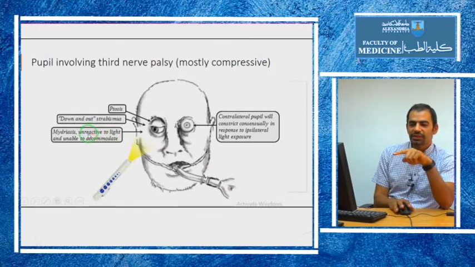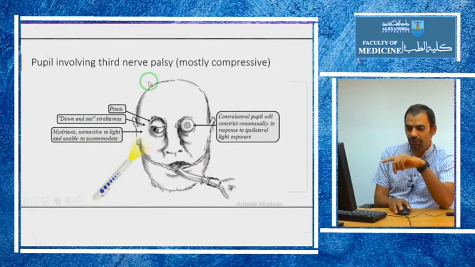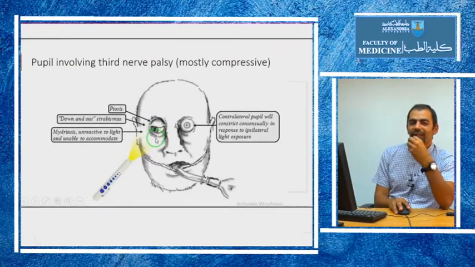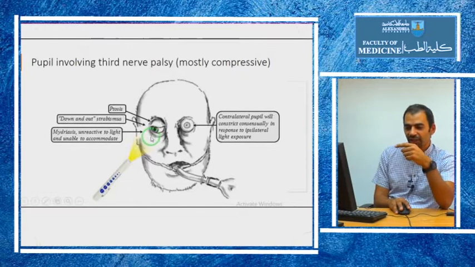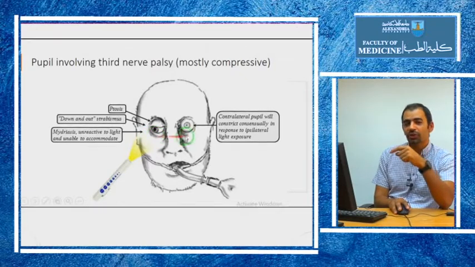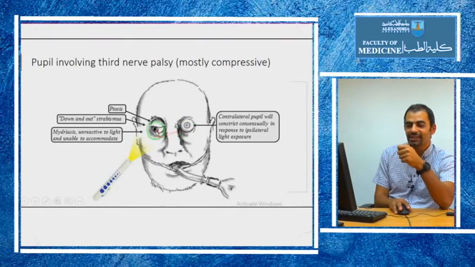Sometimes we have patients suffering pupil-involving third nerve palsy. They will have ptosis, strabismus in the form of exotropia and hypotropia. The pupil will become dilated, and it's poorly reactive to light, whether directly, if the light is falling on that eye, or consensually. If you examine the other eye and shine the light into that eye, again, this eye is unable to constrict.